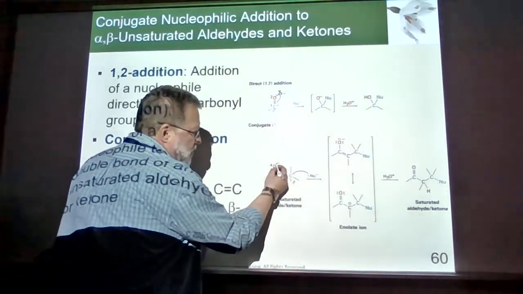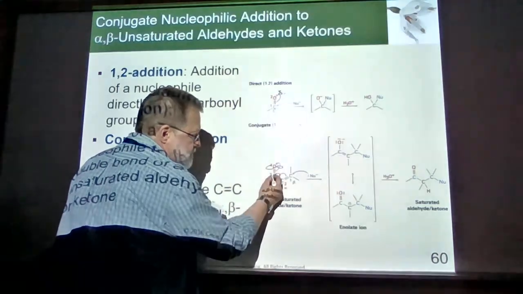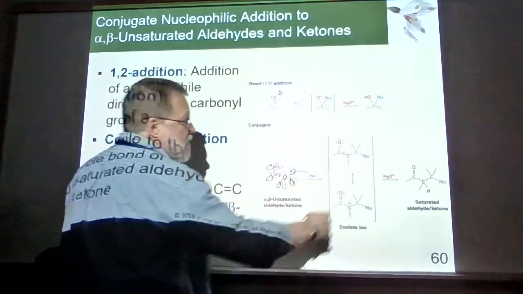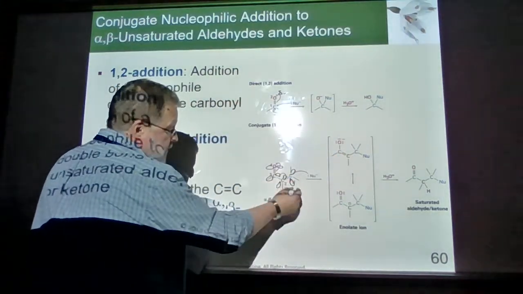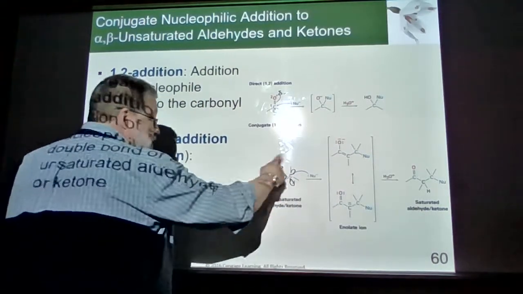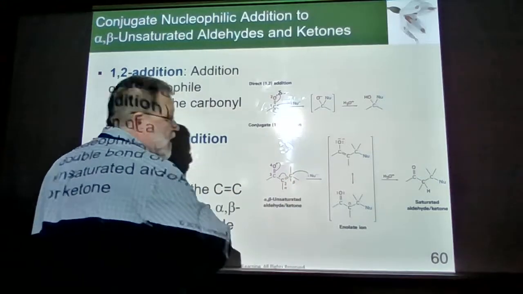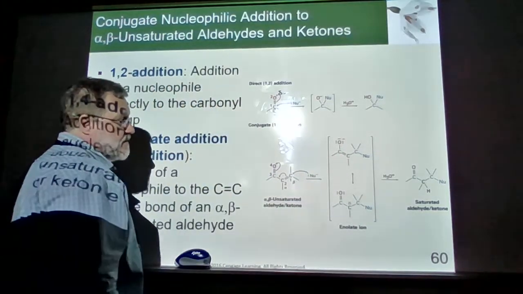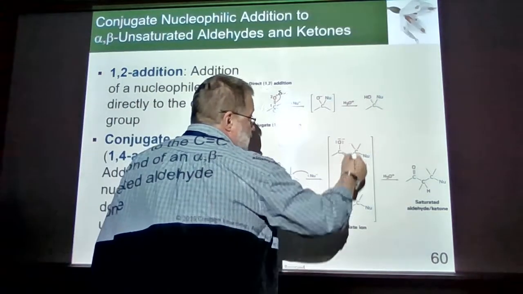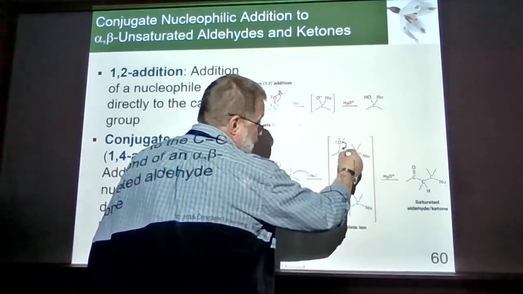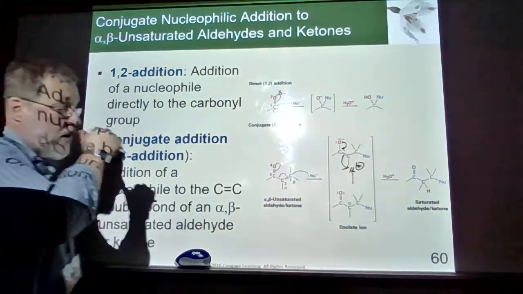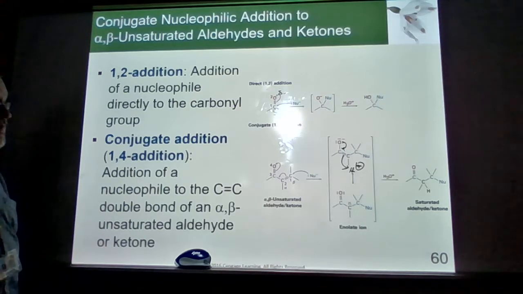Remember, these systems are all conjugated. The nucleophile can come in, the electron pair flips, and can create the carbon-carbon double bond. The electron pair of your oxygen double bond flips up to give you this oxyanion. This can kick back down. The electron pair there can pick up a hydrogen to give you your substituted saturated aldehyde or ketone.